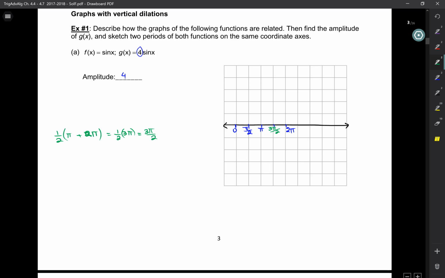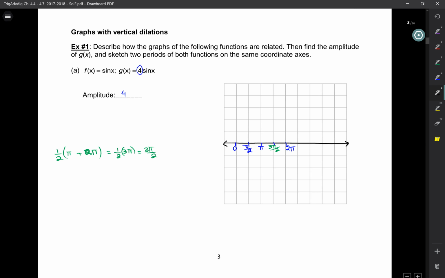Now, I'm going to graph two graphs here. First, I'm going to graph f of x, the sine of x. Sine starts at the 0, so just remember that. And then from that, I go up, 0, down, 0, without even having to think too much about it. So this is now f of x.